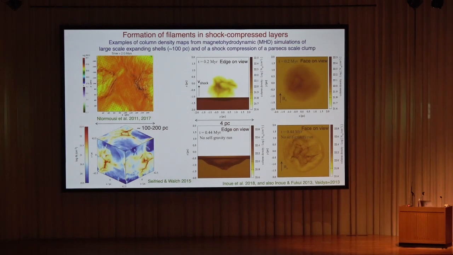What is faster is the formation through turbulence. So in this kind of simulation, if you wait longer, you will have formation of filaments through gravity, while the formation of filaments through the other modes is faster.